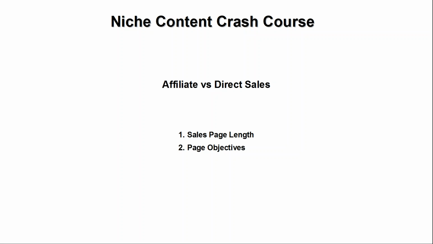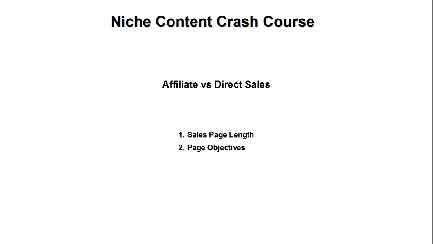One thing in particular that is important to realize is the length of one of these sales pages. Typically, when you are dealing with a product review page where you are trying to refer sales as an affiliate as opposed to direct sales, you're usually going to have less content.